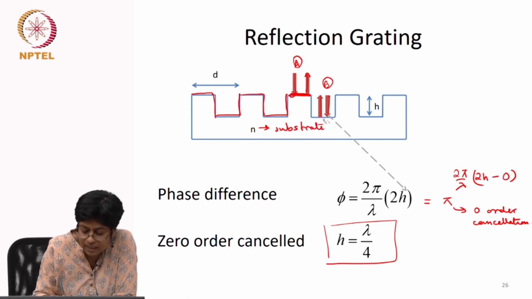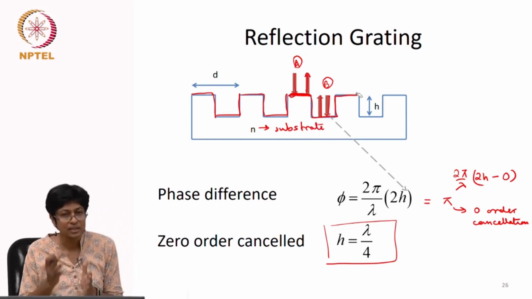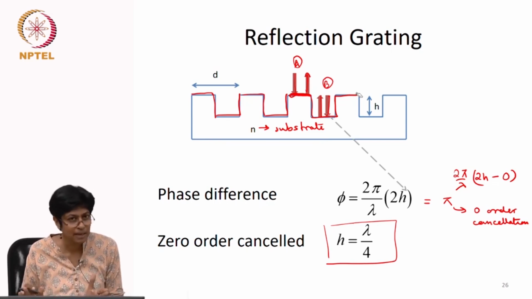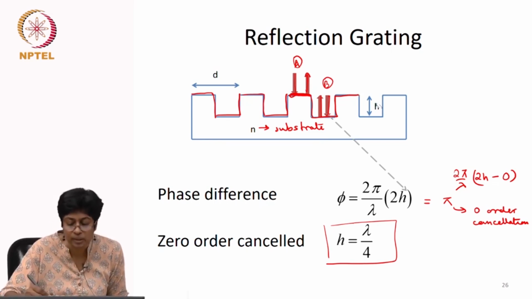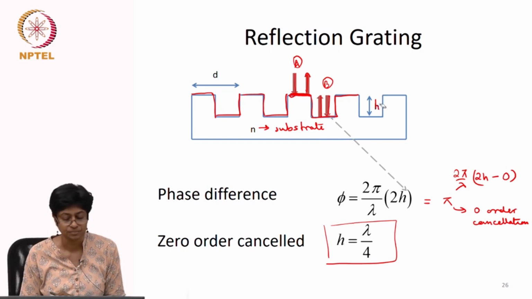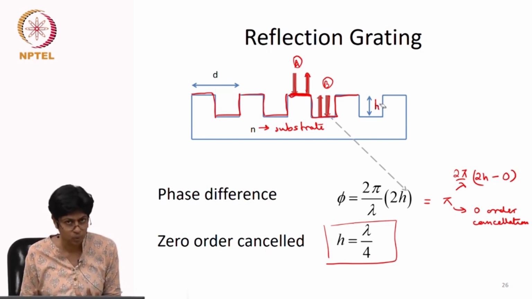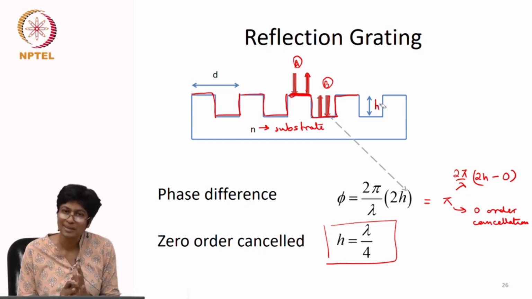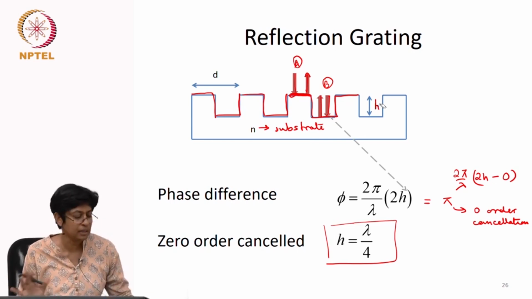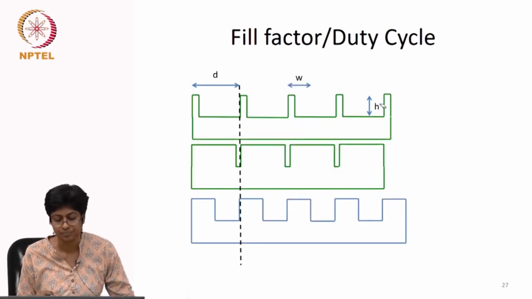The light never actually sees the material, and therefore, the refractive index of that material doesn't matter at all. What matters is only this height h. But the principle of how you cancel the zeroth order should be clear for both these cases, and you can apply that even to any other diffractive element you might be designing.